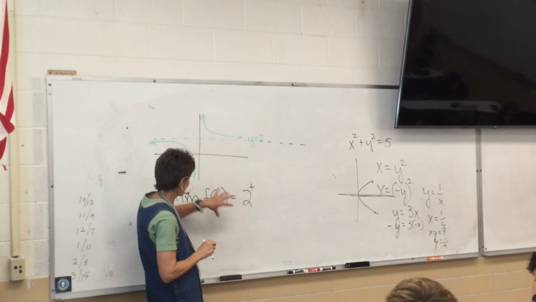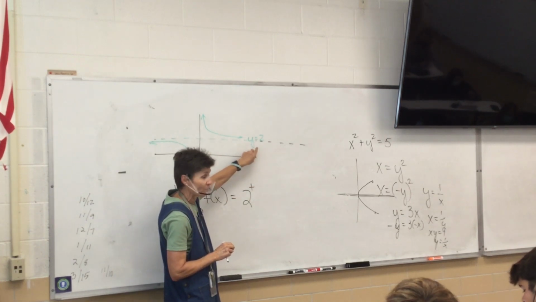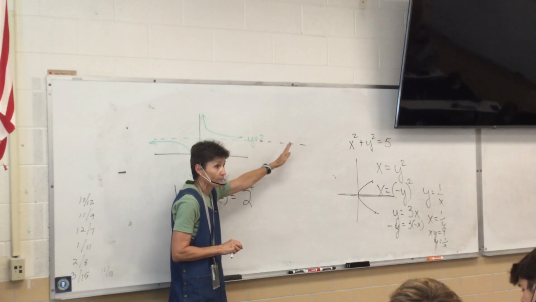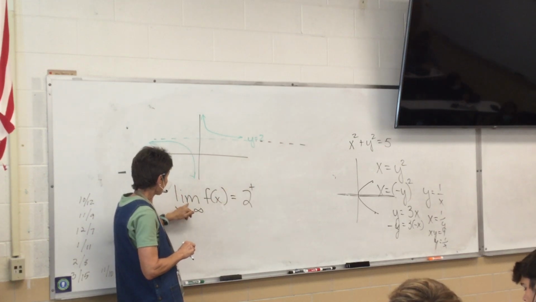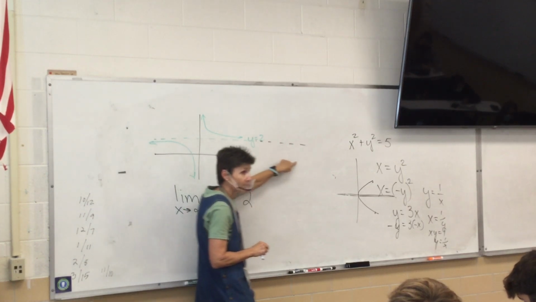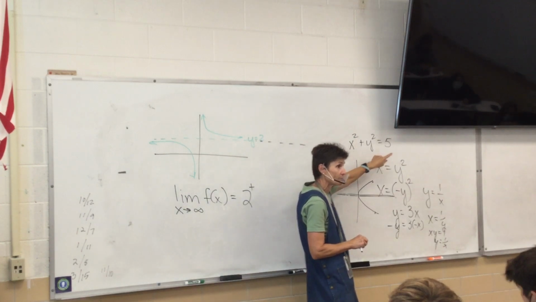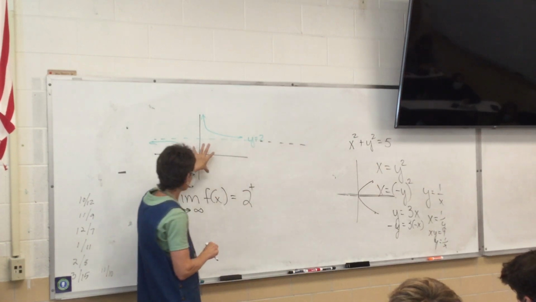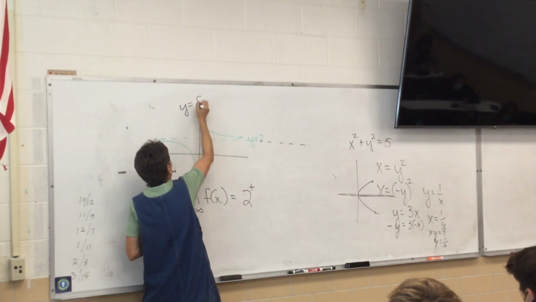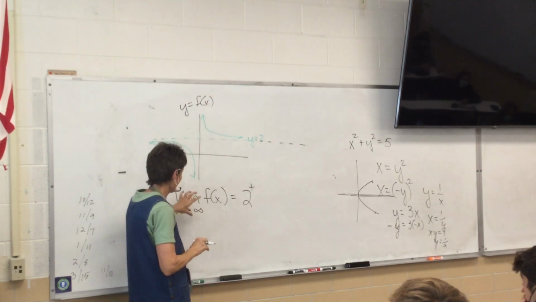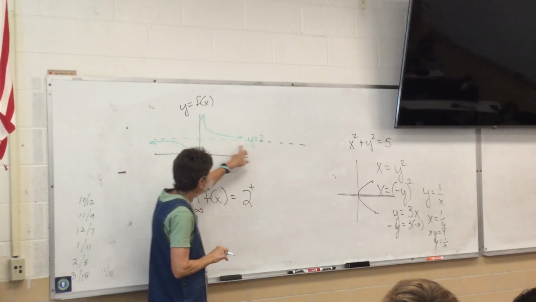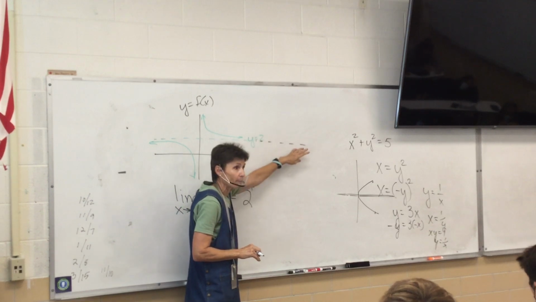So I just described the end behavior of this end of the picture. The limit as x approaches infinity, right? X approaching infinity of the function. This is a picture of the function. The limit is 2 from the top.